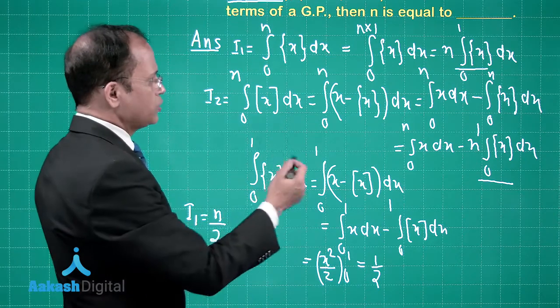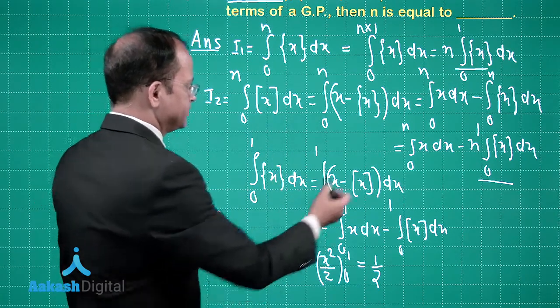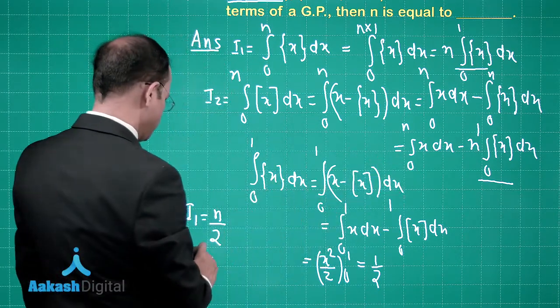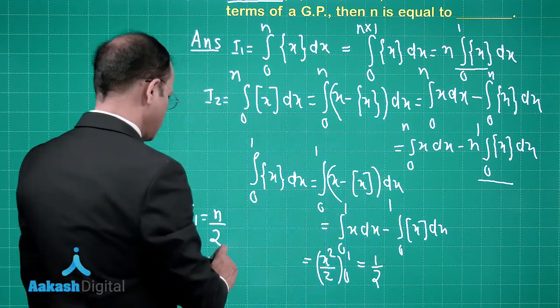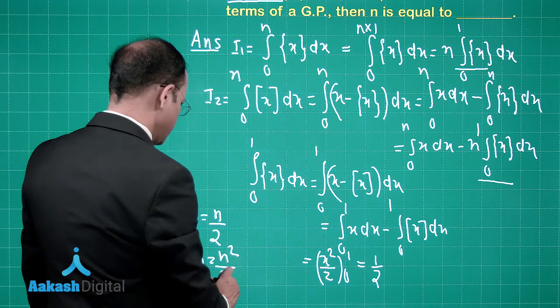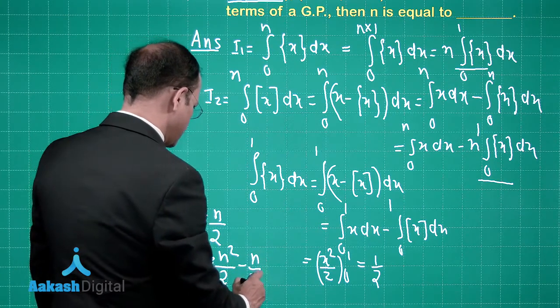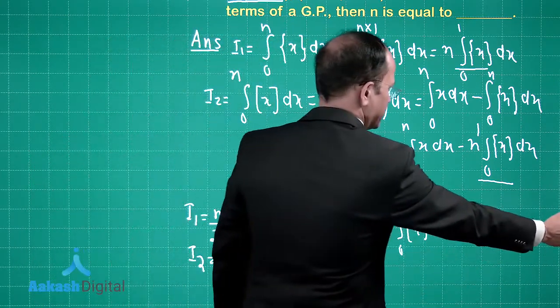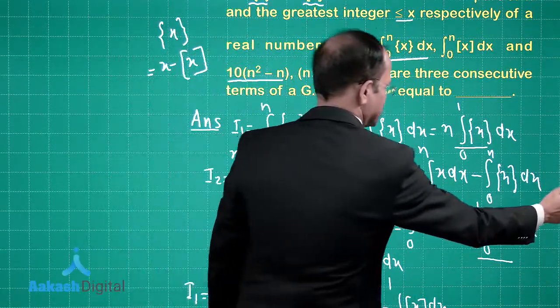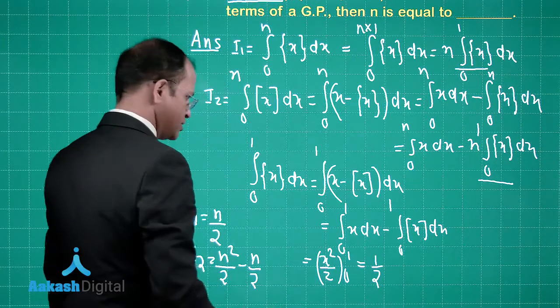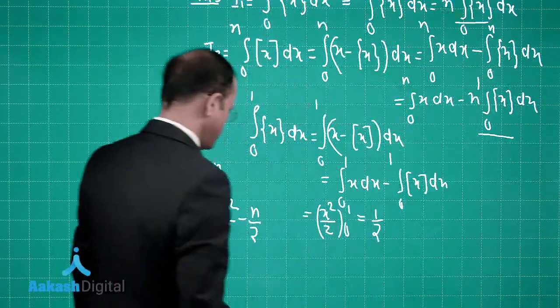And what about the next part? I2 is given to be n square by 2 minus n by 2. Can you see that? So these are the two integrals we have taken. Also we have 10 into n square minus n, and these are in GP, right?